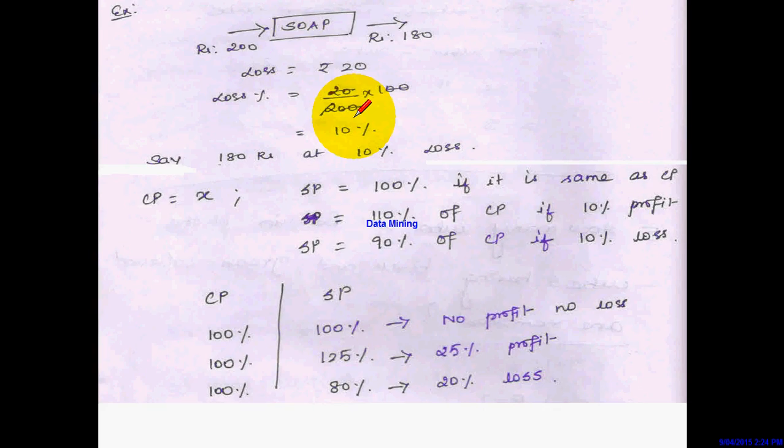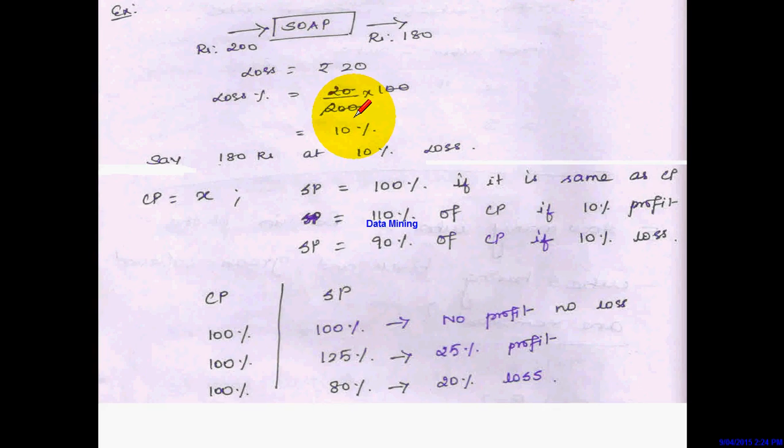So the selling price is not given there. Instead, they have given that I have purchased this article for some rupees and I have sold it with 10% profit. Then you will be wondering, how to calculate this? What formula do we have to apply?